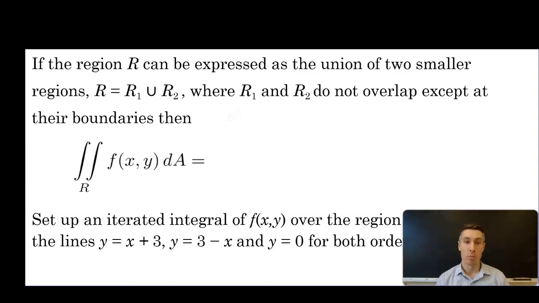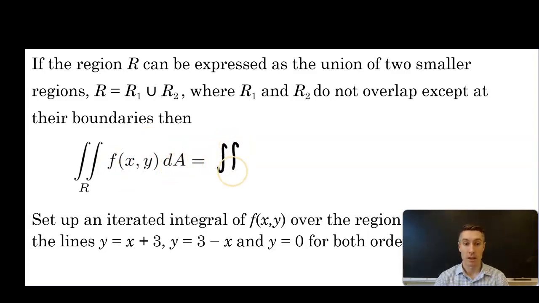And this could be for any number of reasons, but often it's because either the bottom or the top, or left or right, depending on which type we're looking at, changes. And we'll have an example to really show what this means. So if we can write R as the sum of two smaller regions, then we can write the integral as the sum of two integrals.